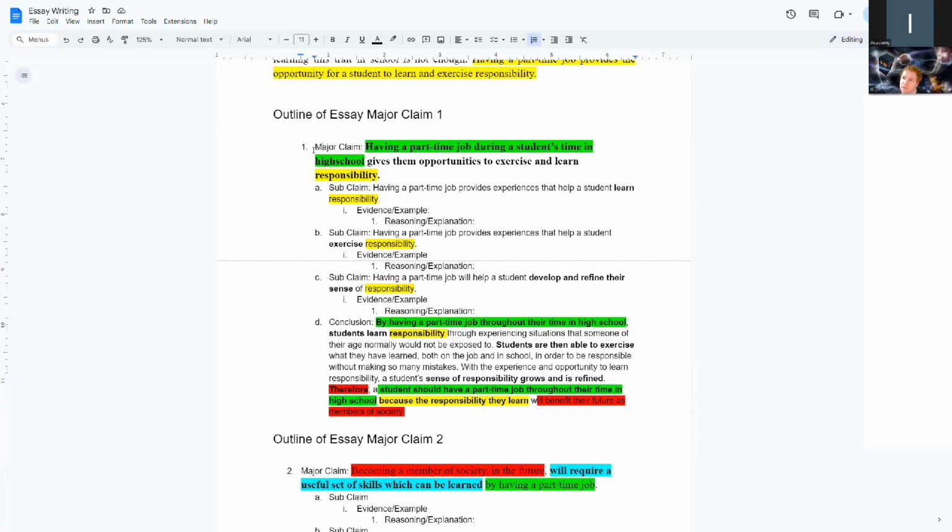A witness. Well, you can use an eyewitness as evidence, but the difference between claim and opinion is a very, very fine line.